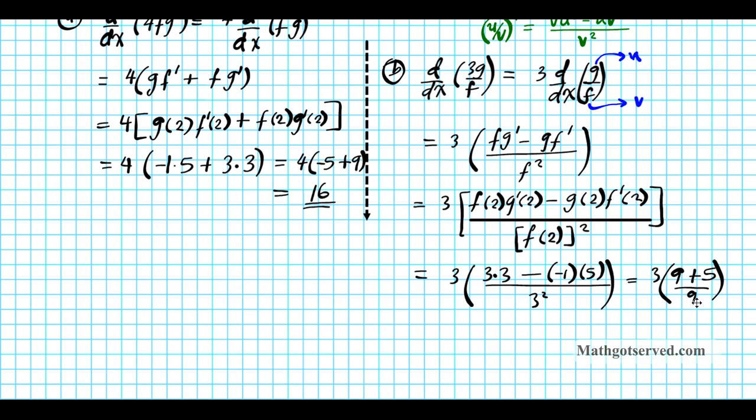Okay? So notice 3 goes into 9, right? So we can divide that out. 3 goes here 1, 3 goes here 3 times. Alright, so we have 9 plus 5, which is 14. 14 over 3. That's our final answer. Okay? So that's that.